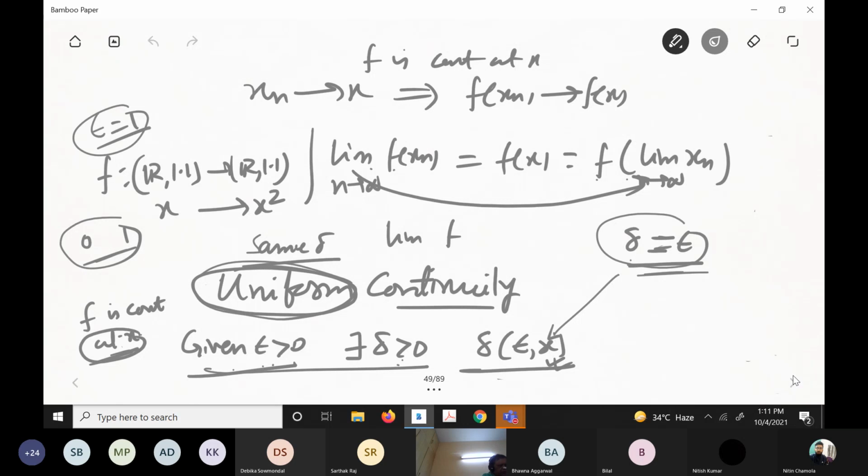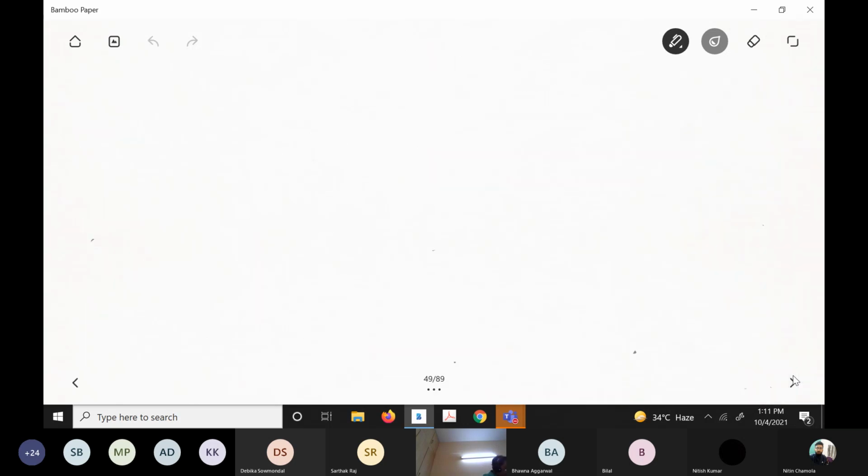Since it doesn't depend on this, here I have given the definition, so I don't need to choose x.